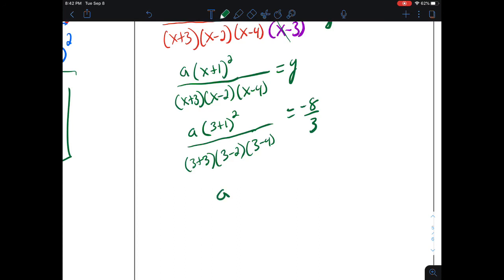So I have a times 16 divided by 6 times 1 times negative 1 is equal to negative 8 over 3.